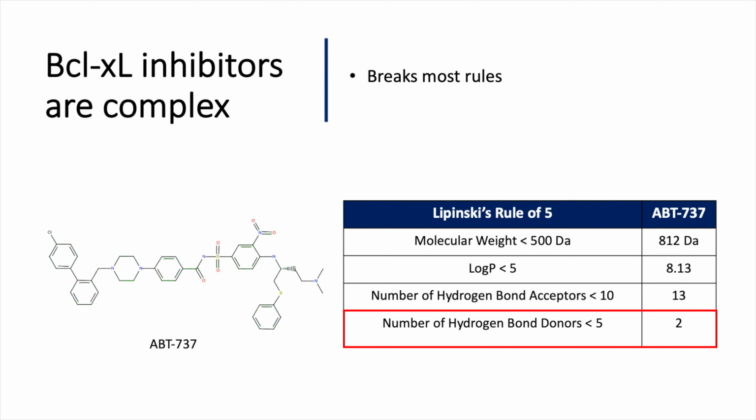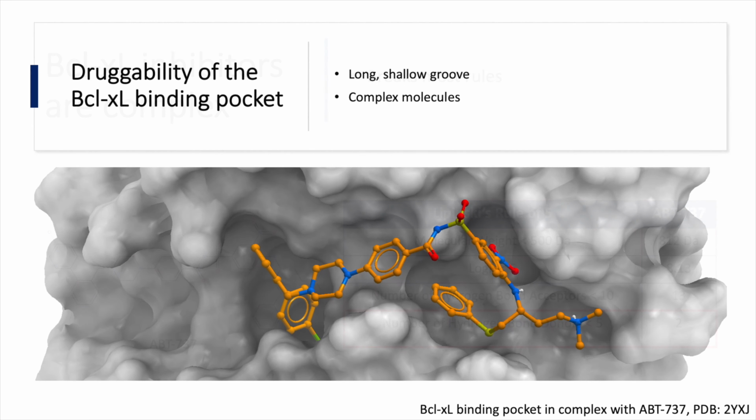In conjunction with overfitting, the utility of LB in general for Bcl-xL may be limited. Using Lipinski's rule of 5 as an indicator of drug likeness, ABT737 breaks almost all the rules, with the exception of number of hydrogen bond donors. To explain this becomes a discussion about the druggability of the Bcl-xL binding pocket.